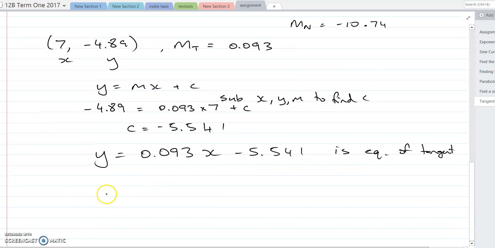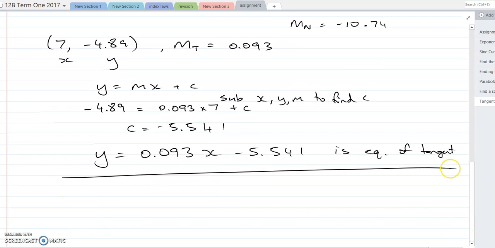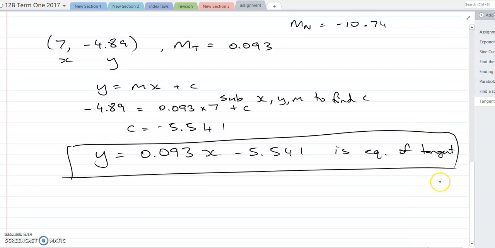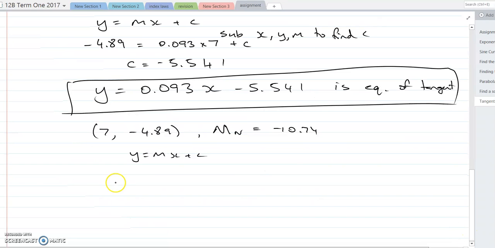Do the same thing for the normal. For the normal, we've got again 7, negative 4.89. The normal gradient is negative 10.74. Equals mx plus c. Negative 4.89 equals negative 10.74 times 7 plus c.